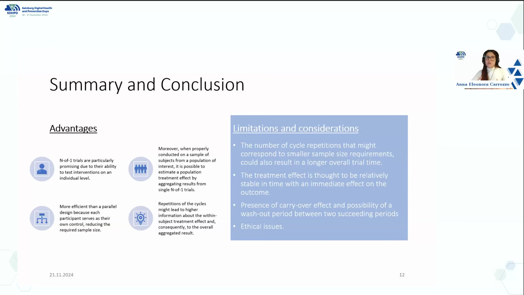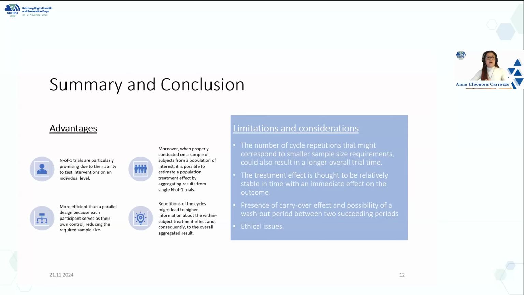Furthermore, when properly conducted on a sample of subjects from a population of interest, it is also possible to estimate the population treatment effect by aggregating results from single N01 trials. And we saw that it resulted more efficient than a parallel design because each participant serves as their own control, reducing the variability and consequently also the sample size required.